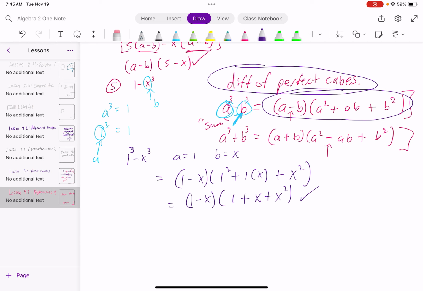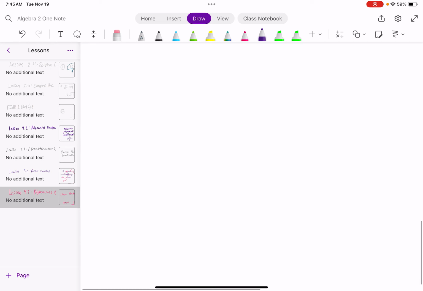All right, next up, we already did 6, so now 7. For 7, write the expression as a polynomial in standard form. We have 2x plus 1 times 4x plus 1 times 3x minus 4.